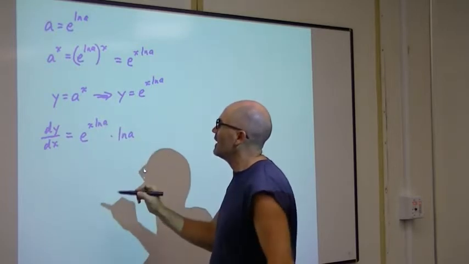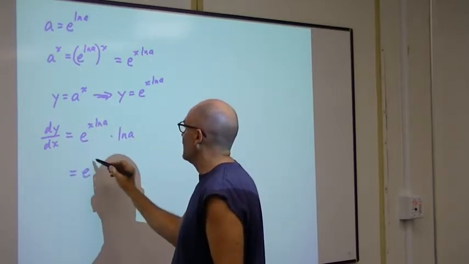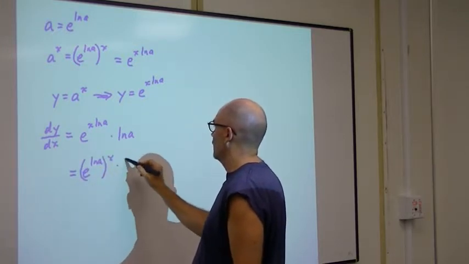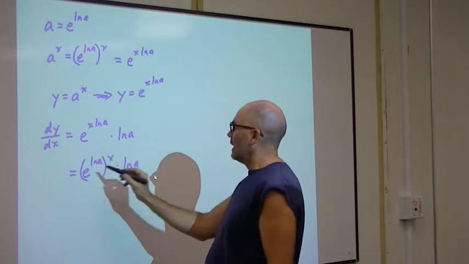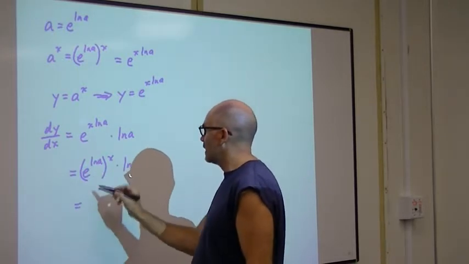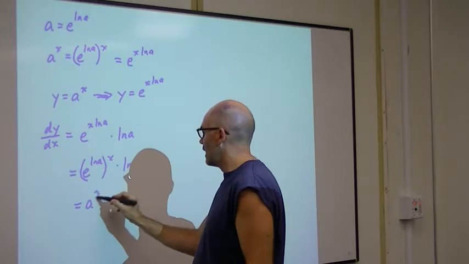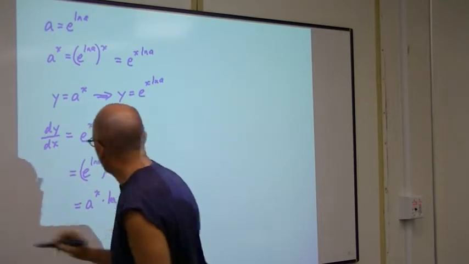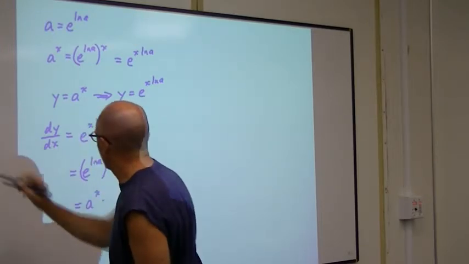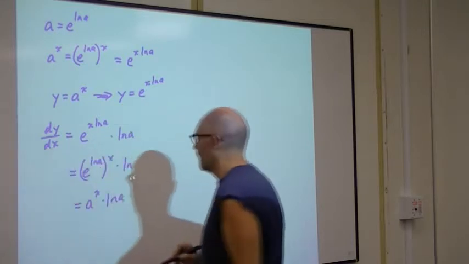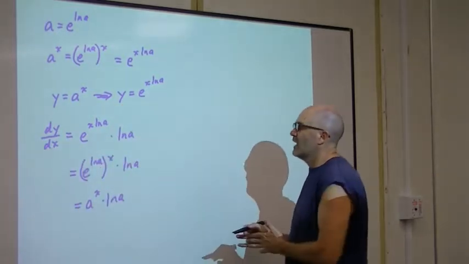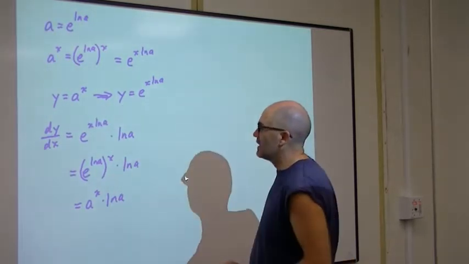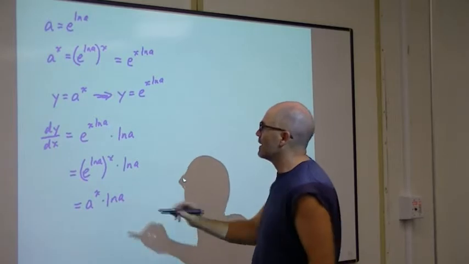Well, this e to the x natural log a really is e to the natural log a, to the x. Well, e to the natural log a is just a, so a to the x natural log a. All right, so what I've just done is I've shown that if y equals a to the x, then dy/dx equals a to the x natural log a.